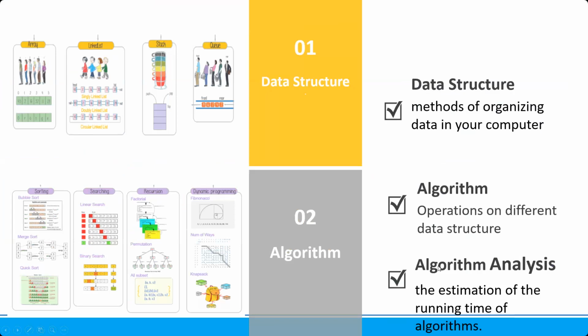And for this, we need to analyze. It means I need to know whether the algorithm runs properly, good enough, efficient. Some algorithms take a long time. Some algorithms take a very short time. So we need to understand how we can use this algorithm.